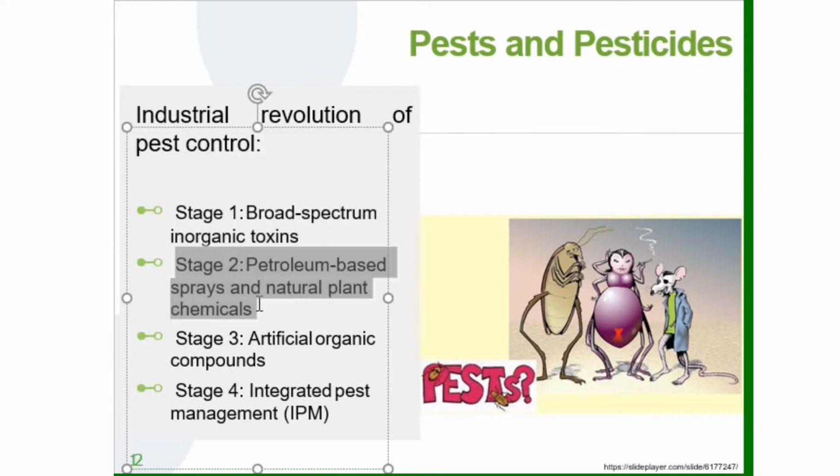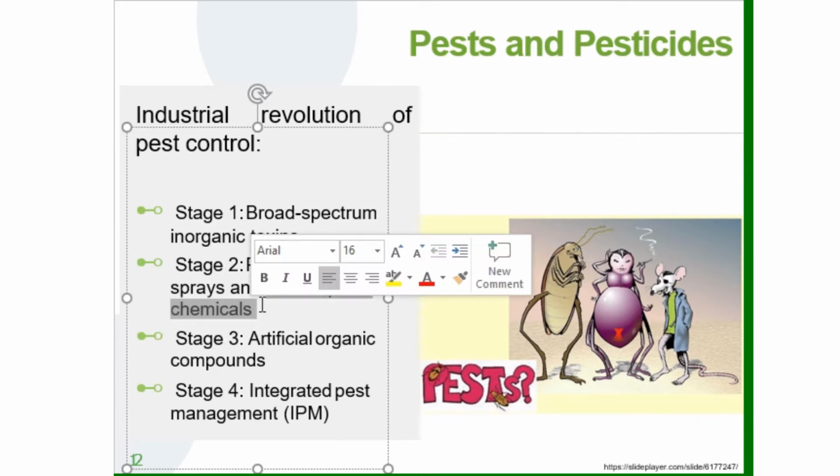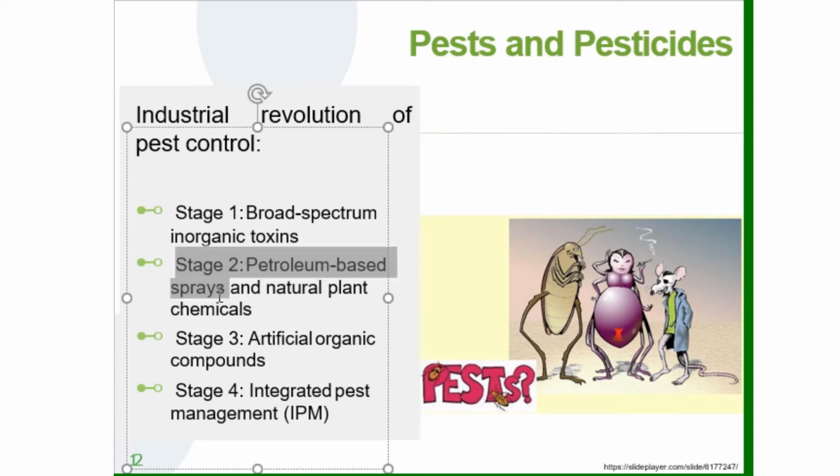Stage 2 is the petroleum-based sprays and natural plant chemicals. Plants themselves have chemicals that help them eliminate pests. From the 1930s onwards, plants produce natural pesticides that serve as a defense mechanism against herbivores and diseases.